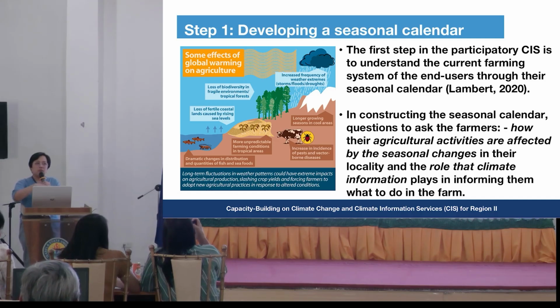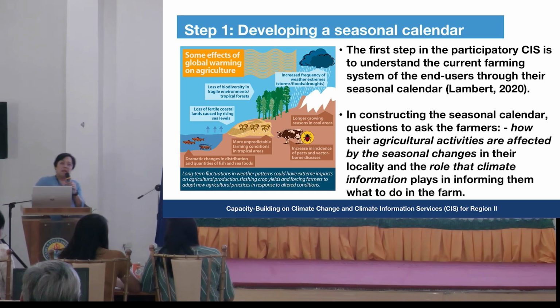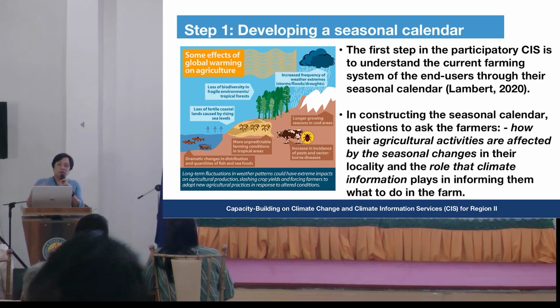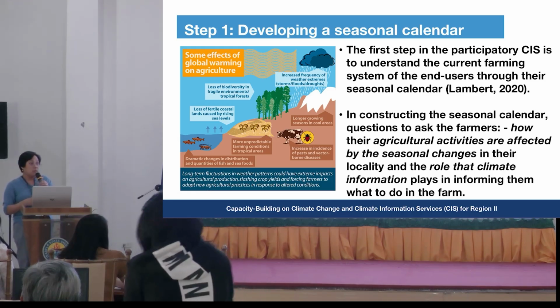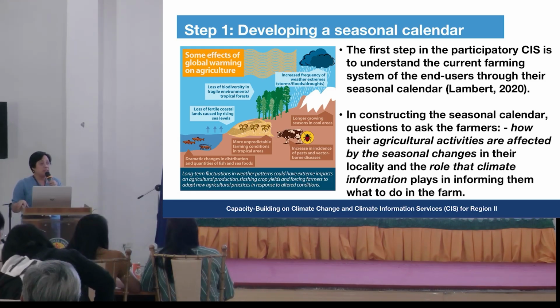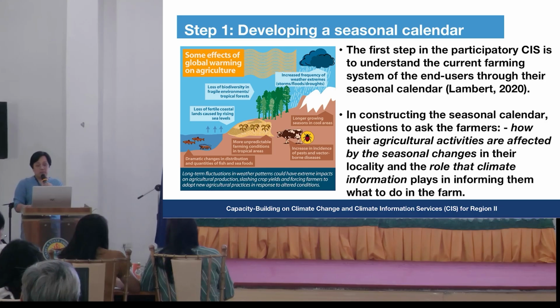So apart from that, kung malaman na po natin yun, kailangan din natin malaman ano yung magiging role ng mga climate information. Ano ang provide sa mga farmers at paano na ito magagamit to inform them on what particular things that they need to do para mas, in a way, maka-adapt sila doon sa mga changing climates.